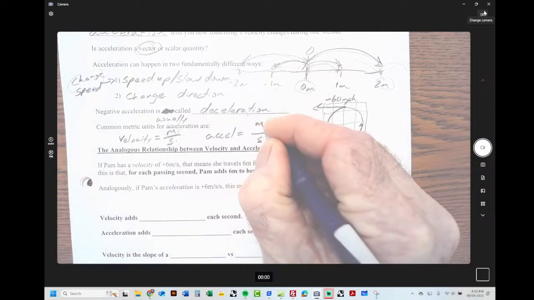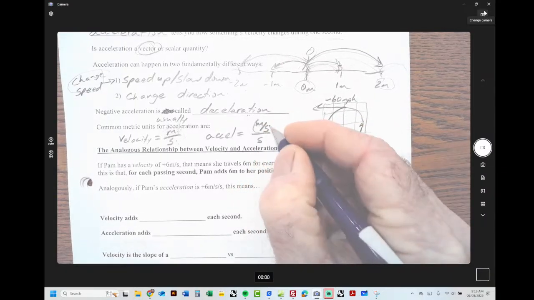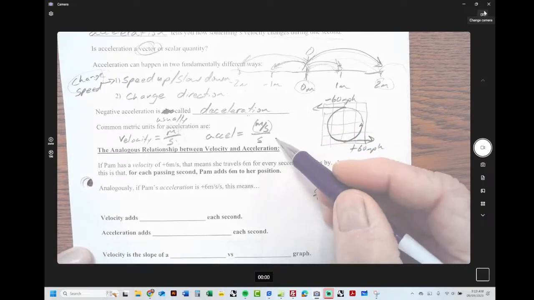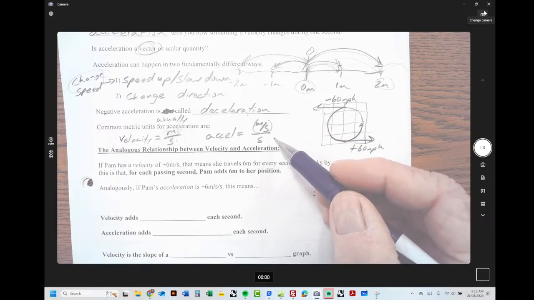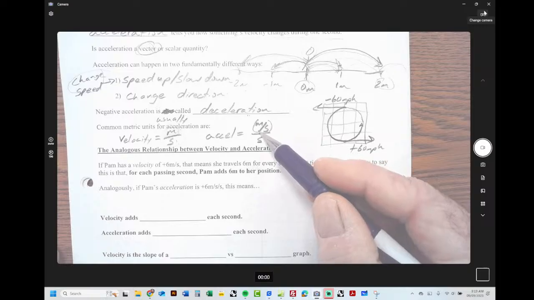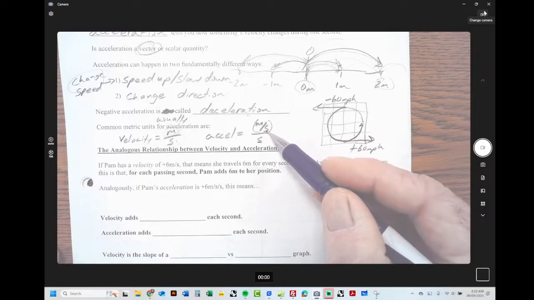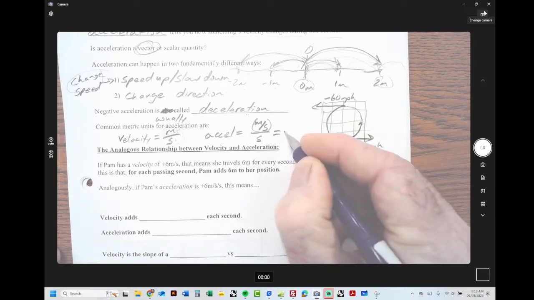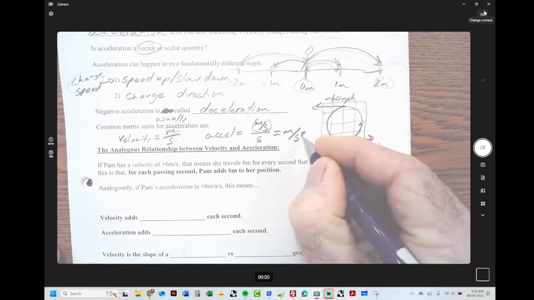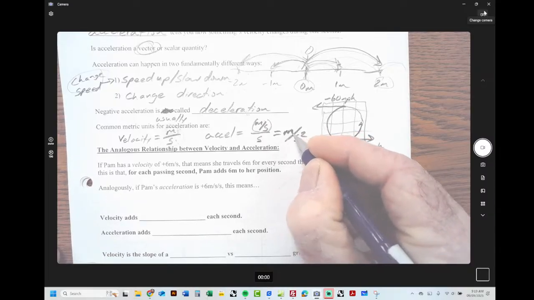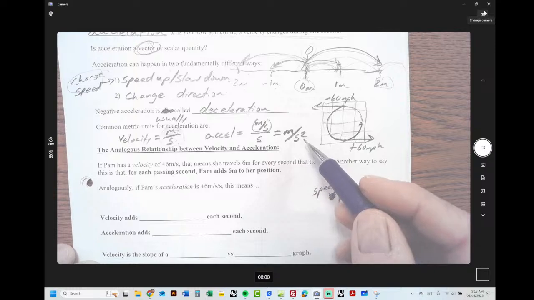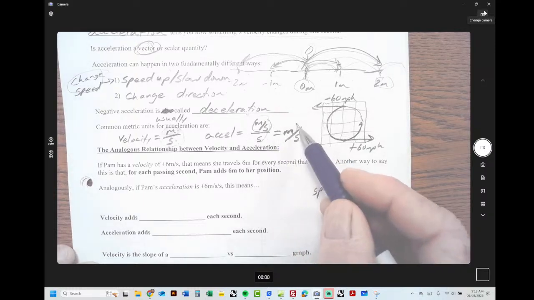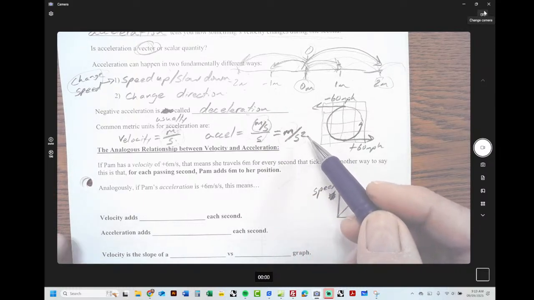Yeah, so it's meters per second divided by seconds, but we don't write it like that because it's kind of a mess. If you mathematically divide meters per second by seconds, you get meters per second squared, which is a funny way to write it, but we write it this way because it's quicker.